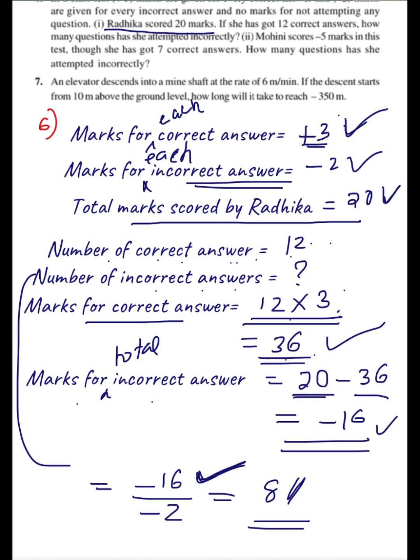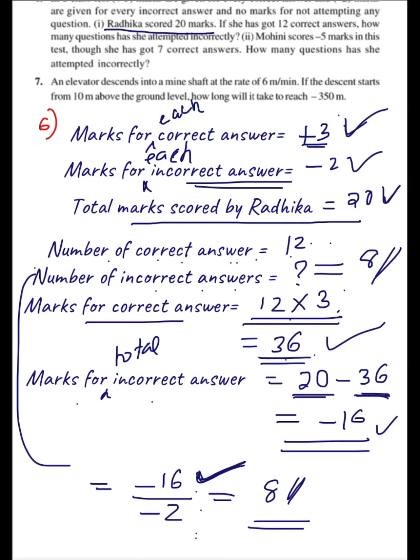Total marks scored by Radhika minus marks for correct answers gives minus 16. Now the marks for total incorrect answers divided by the marks for each incorrect answer will give the number of incorrect answers. It's equal to 8. Understand? In this way you can find this answer.